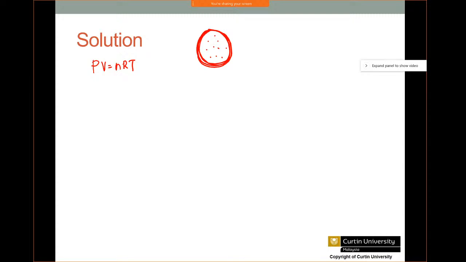Closed system means the molecules inside are not allowed to go out or go in. Okay, a closed system. So your number of moles and your R will be constant, correct?